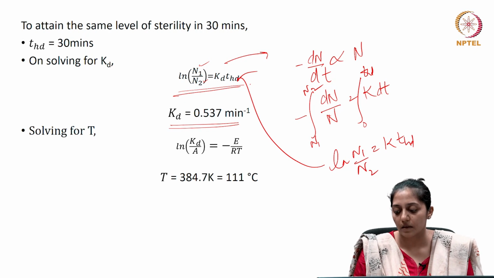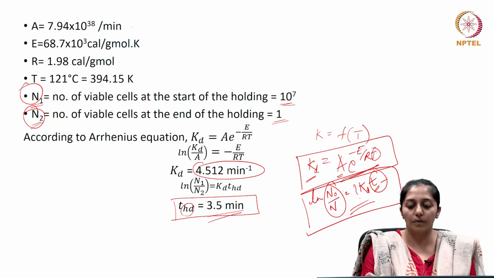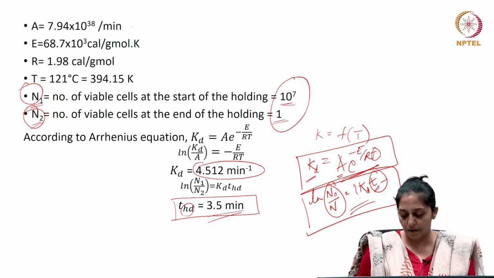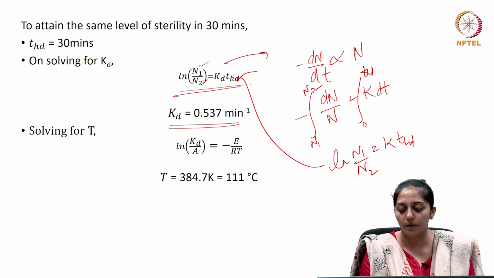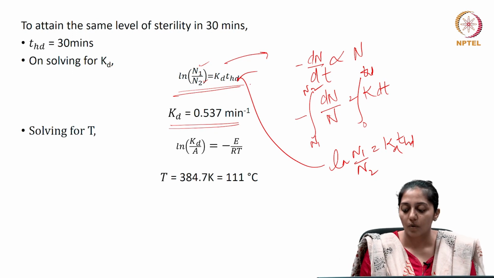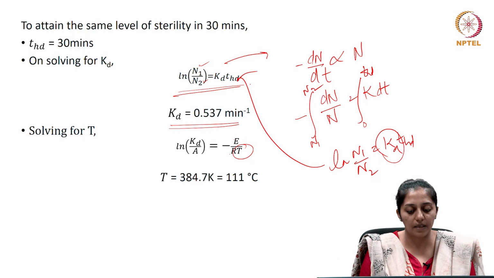Then N1 and N2, the sterility level, are the same. You can obtain the N1 and N2 values from the problem given here and substitute in this equation to get the value of Kd. Once we have got the value of Kd, by the Arrhenius equation we can obtain the temperature because E and R will remain the same.